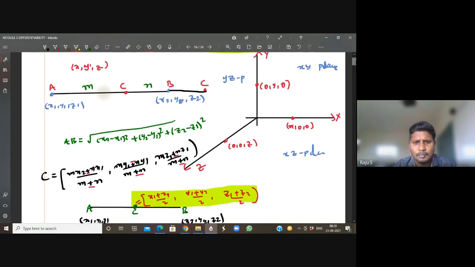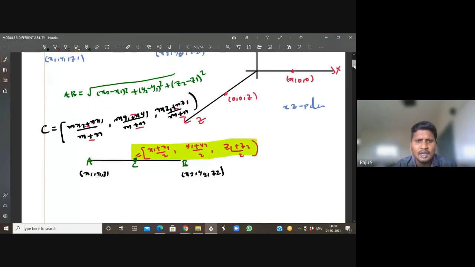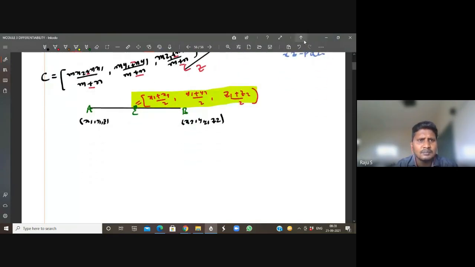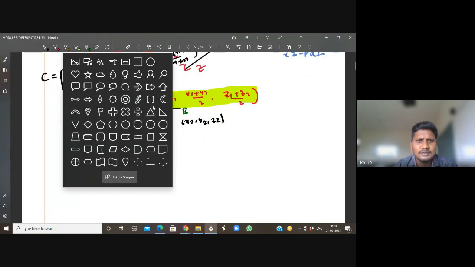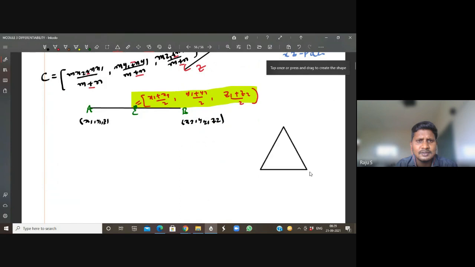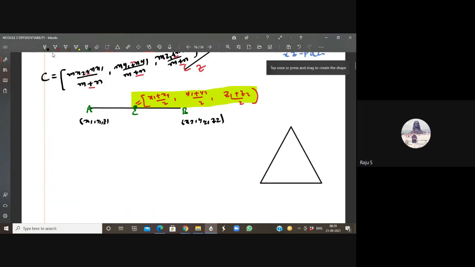Okay, students? And also you studied the centroid of the triangle when the three vertices of the triangle in three dimensions are given, whose vertices are x1, y1, z1, and x2, y2, z2, and x3, y3, z3.